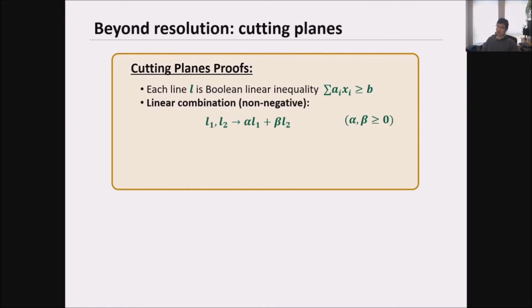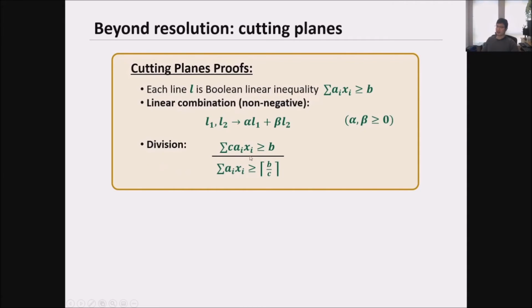Okay, so what are cutting planes proofs? Well, in cutting planes, each line L is a Boolean linear inequality. So we have coefficients a_i that are all integers, and each x_i is a Boolean variable, 0 or 1, and this b is an integer. So cutting planes has two rules. We can do linear combination as long as it's non-negative. So we can take two linear inequalities and add them together. The second rule is the division rule.